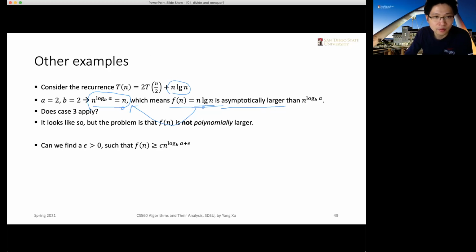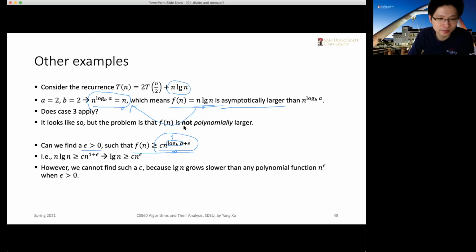So can we find a positive epsilon such that f of n is greater than this polynomial function? Of course, we know that here the quantity is 1.